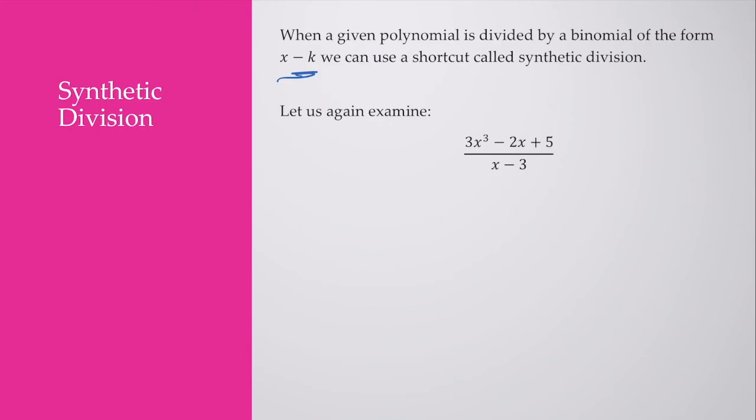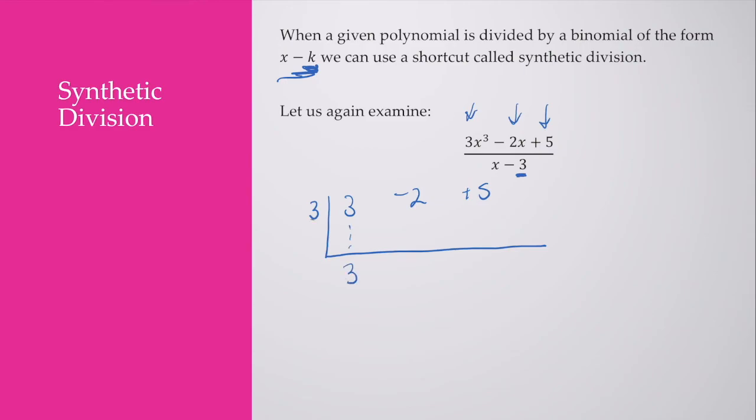So in synthetic division, what I do is I take my k, which in this case is 3, and then I take all the leading coefficients of my terms, and then the first thing I'm going to do is pull down this first term.